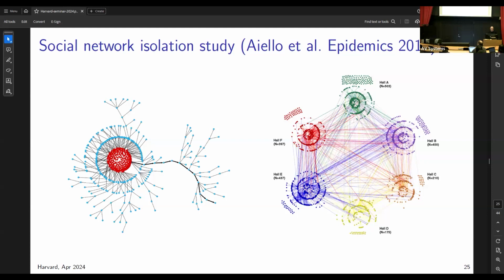And we might think, since people are referring each other to the RCT, there might be interference between individuals who refer each other. On the right, the edges between nodes indicate individuals have identified each other as friends. So I know somebody else in the trial. And these individuals were in residence halls. So there are multiple reasons why we might think that there's interference between individuals in this RCT.